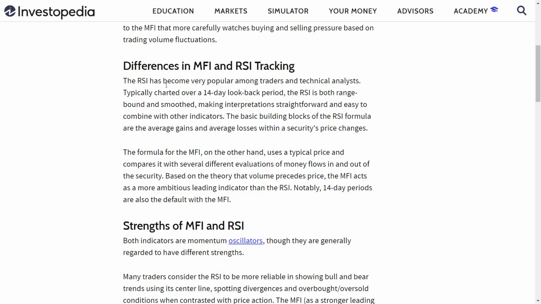The RSI has become very popular amongst traders and technical analysts. Typically charted over a 14-day look-back period, the RSI is both range-bound and smoothed, making interpretation straightforward and easy to combine with other indicators. The basic building blocks of the RSI formula are the average gains and average losses within a security's price changes.